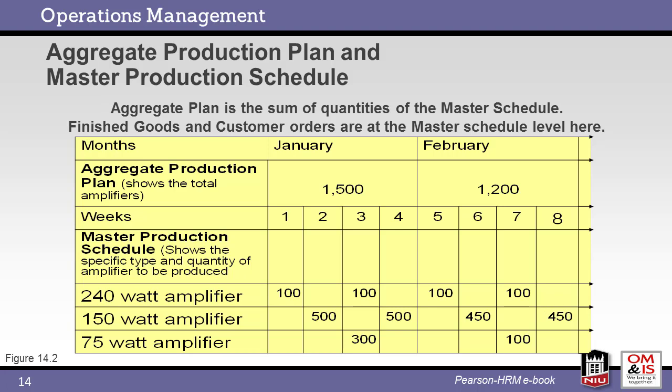In week 2, we are building 500 150 watt amplifiers. Then in week 3, 100 240 watt amplifiers and 375 watt amplifiers. Finally, in week 4, we build 500 150 watt amplifiers for a total of 1,500 amplifiers. We continue this process until every month of the aggregate plan is covered.